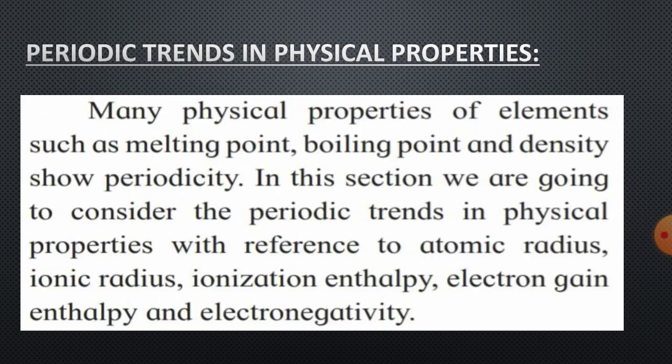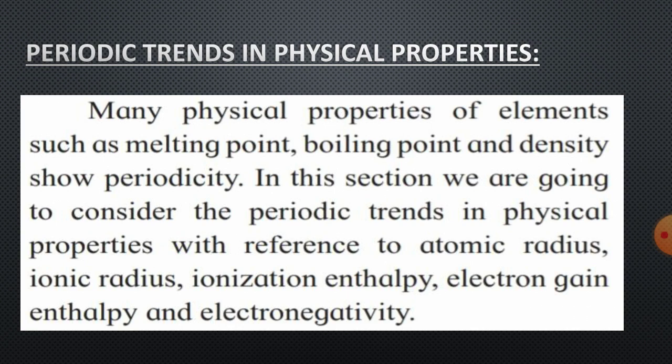We are moving further towards periodic trends in physical properties. There are various physical properties of elements such as melting point, boiling point, density. All of them show periodicity. In this section, we are going to consider some of the periodic trends in physical properties such as atomic radii, ionic radii, ionization enthalpy, electron gain enthalpy, and electronegativity.